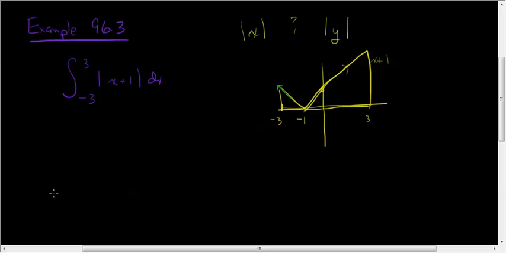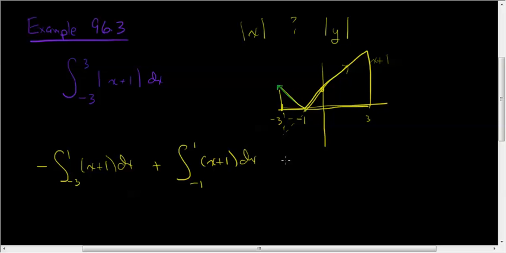Now if I were putting it in my calculator, which I know some of you prefer, you would be taking the opposite of the integral from negative 3 to negative 1 of x plus 1 dx, because instead of this down here, which has a negative area under the curve, you're putting a negative sign in front of it to make it positive, plus the positive, it's above the curve, negative 1 to 3, x plus 1 dx.